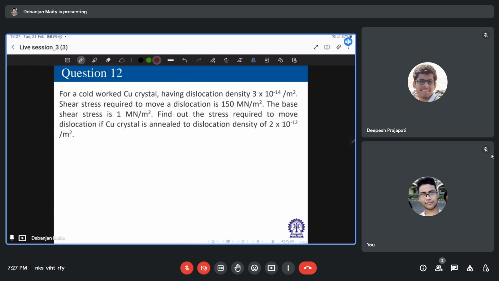It says that for a cold worked copper crystal, the dislocation density is 3 into 10 to the minus 14 per meter square, and the shear stress required to move this dislocation is 150 meganewton per meter square. The base shear stress value is also provided, 1 meganewton per meter square.